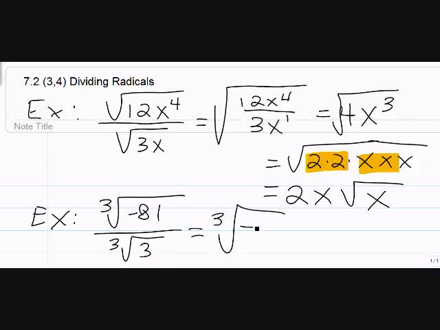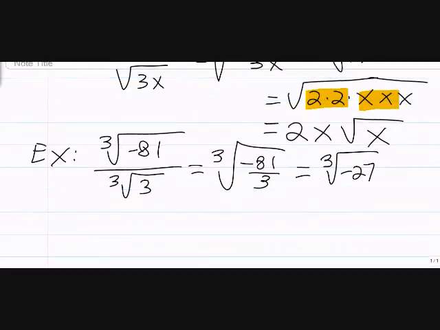I'll make that the cube root of negative 81 divided by 3. What's negative 81 divided by 3? Negative 27. So this is the cube root of negative 27. That one you might recognize as being negative 3. Or you might need to notice that 27 is 3 times 3 times 3, and then you got the negative. So the cube root is negative 3, whatever way you slice it.